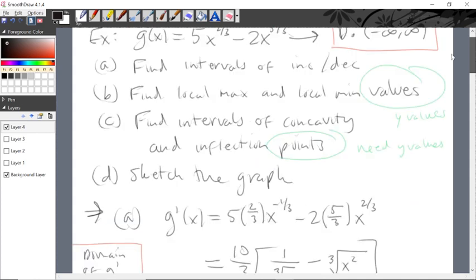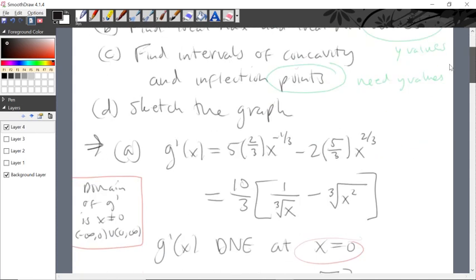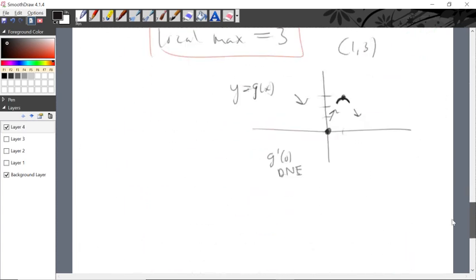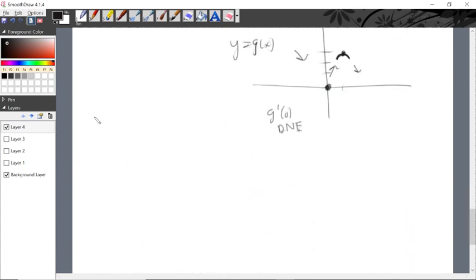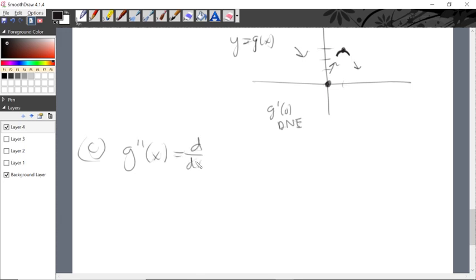So for part C, we're going to look for the intervals of concavity and the inflection points. Let's take a look at g double prime of x. We have the derivative of 10/3 times x to the negative 1/3 minus x to the positive 2/3.